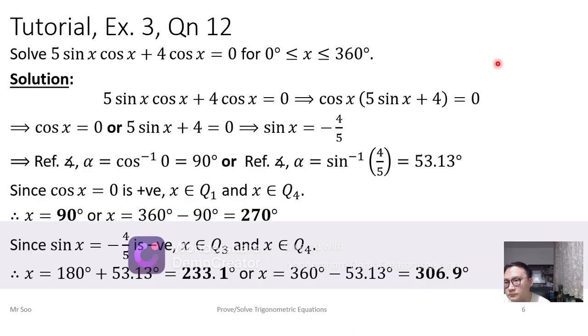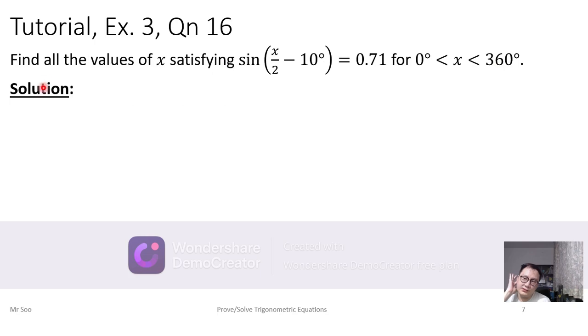Question 16. Find all the values of x satisfying this expression here, for x given in the range 0 degree to 360 degree, exclusive, which means the endpoint is not included. So what's your approach? You may think that this looks very similar to the compound angle identity, correct?